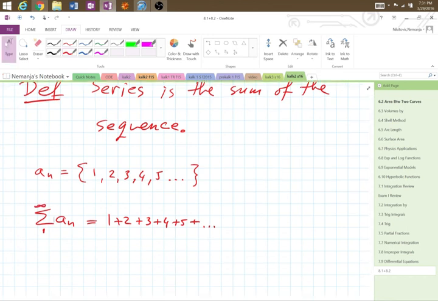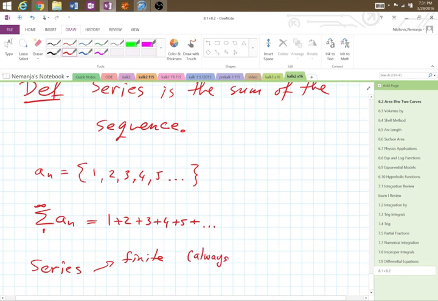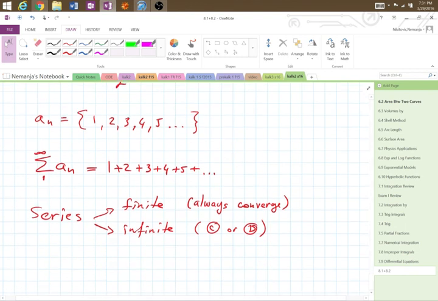Series can be finite, which always converge, or infinite, which could converge or diverge depending on what we have. We only study infinite series because finite series, who cares?